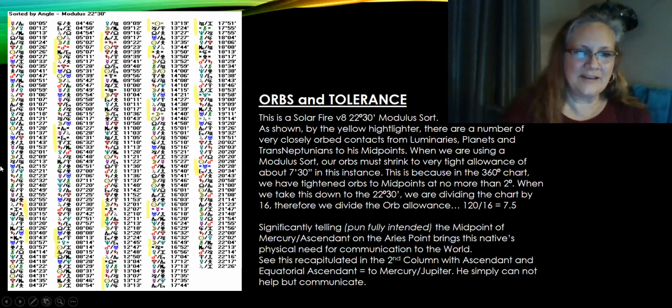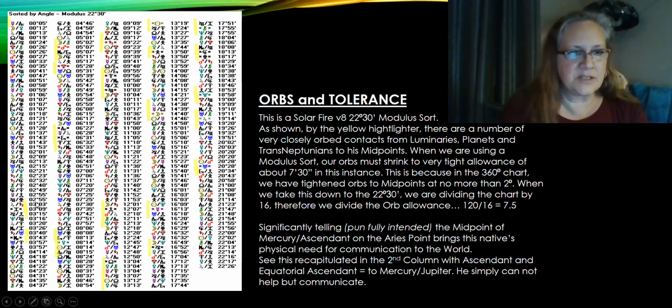So moving forward, we have these degrees here very closely set up, and I just want to show you, the orbs are going to be so tight. This Poseidon right here at 309, 303 is a bit of a stretch, but because it's a 22.5 degree modulus sort, we would allow 7.5 minutes. And that's specifically because when we're dividing the chart by 16, you take 360 divided by 22.5, which goes in 16 times.